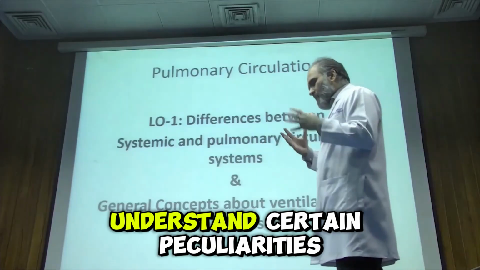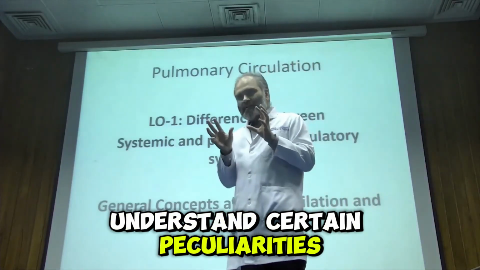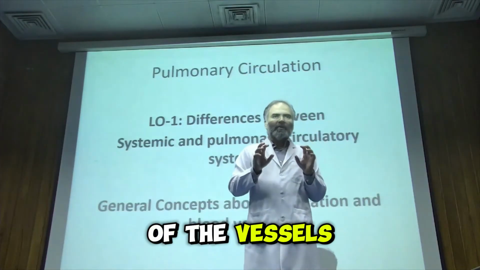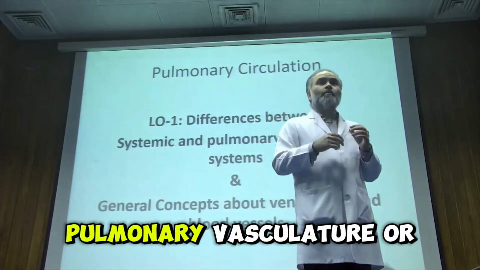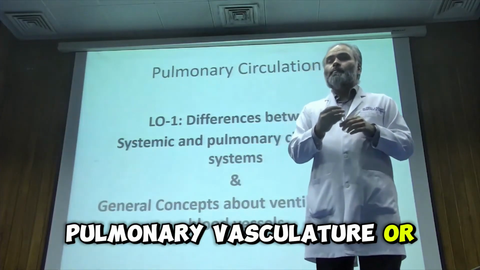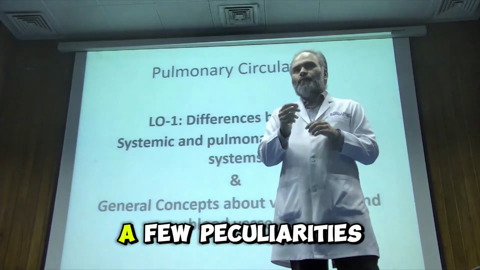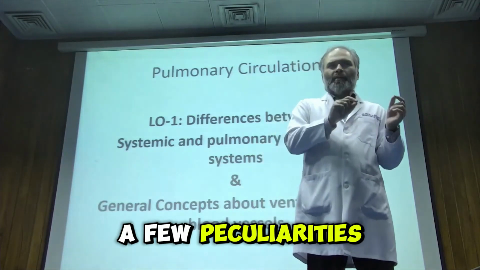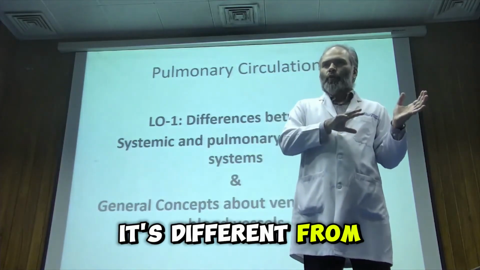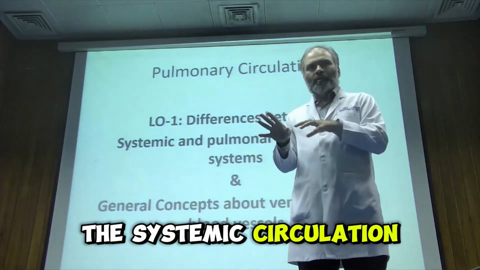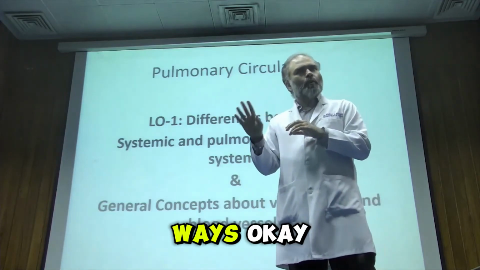We need to understand certain peculiarities of the vessels of the lung. We call it pulmonary vasculature or pulmonary circulation. Pulmonary circulation has a few peculiarities; it's different from the systemic circulation in two or three very important ways.